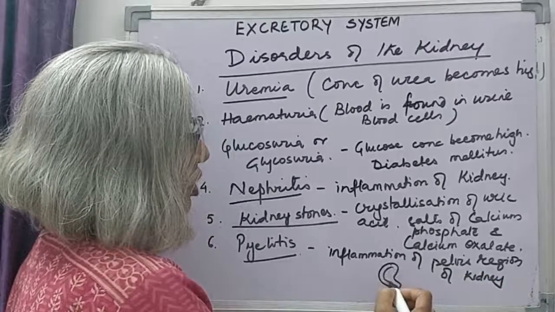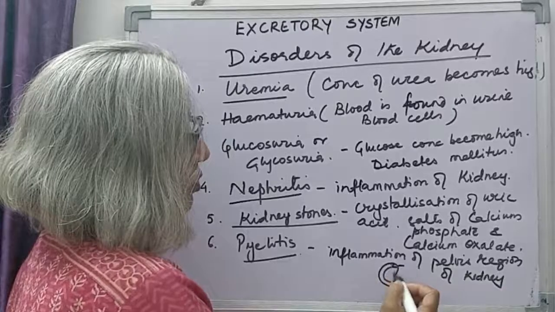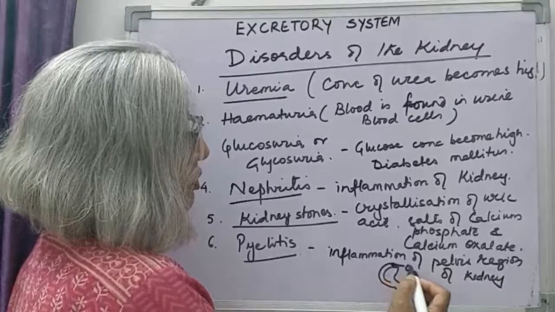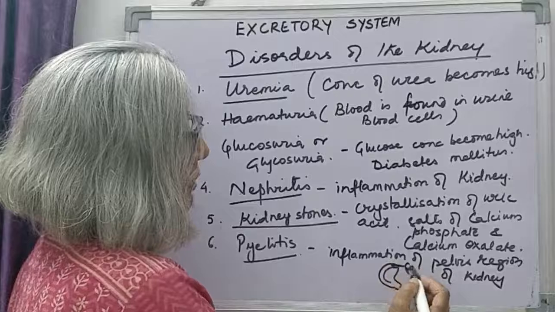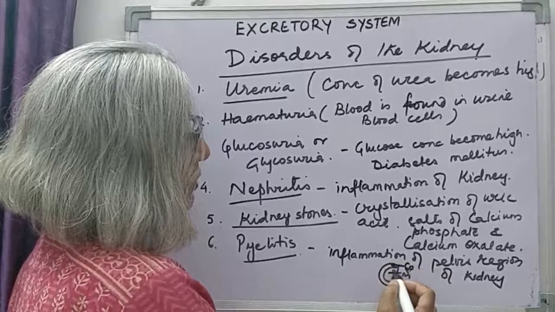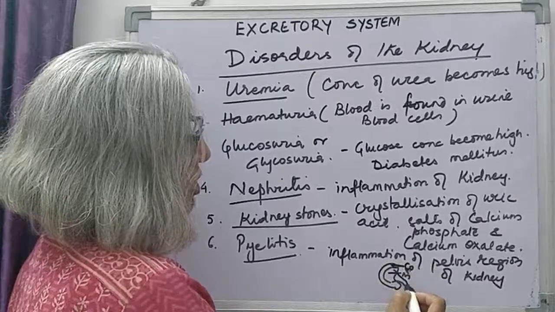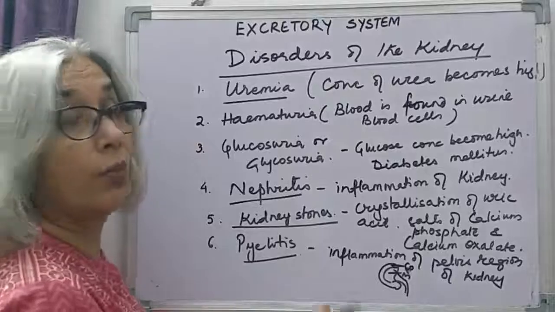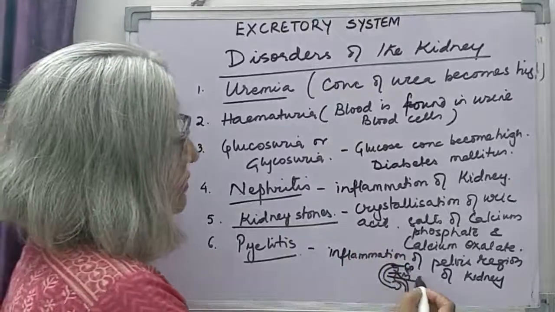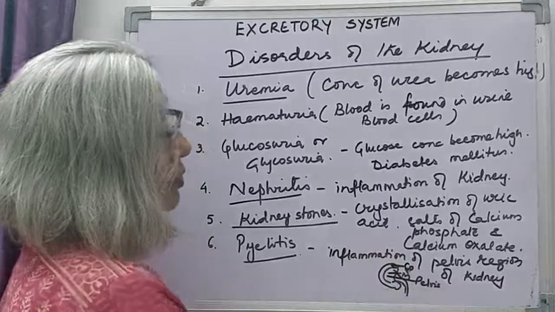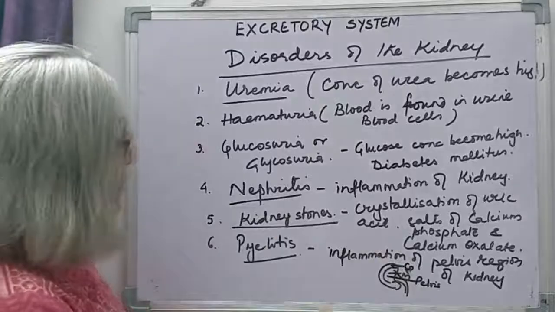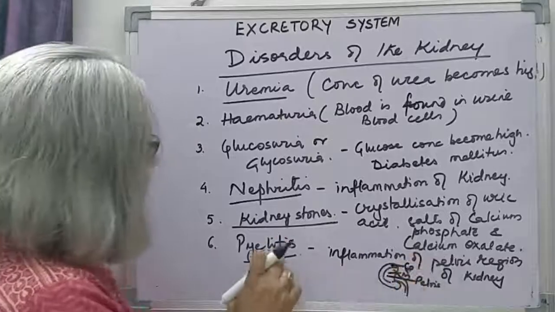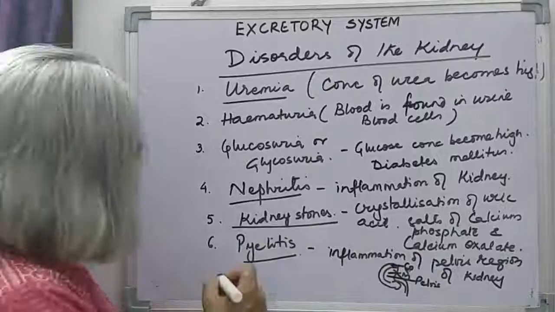The outer portion is the cortex, the inner is the medulla. The medulla opens into a funnel shaped structure, broad portion here. This is the pelvis. So the pelvis opens into the ureter. If there is inflammation of the pelvis, the disease is called pyelitis.